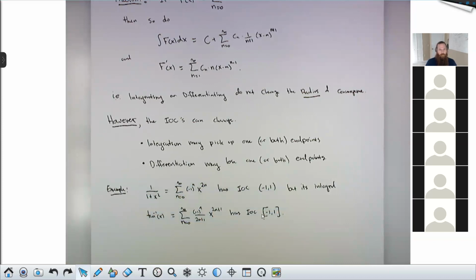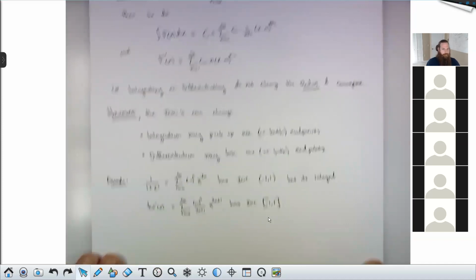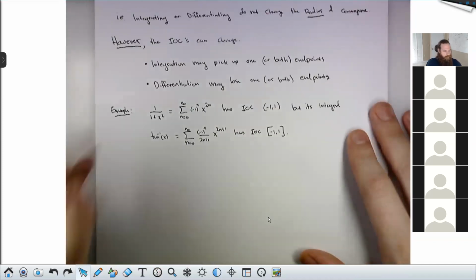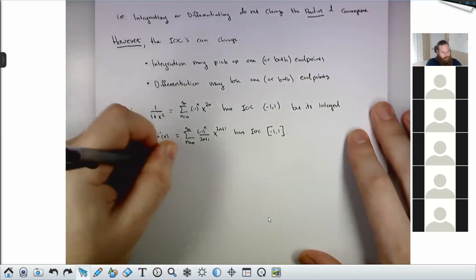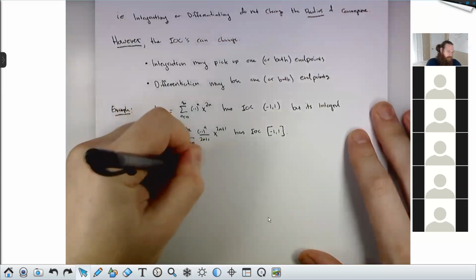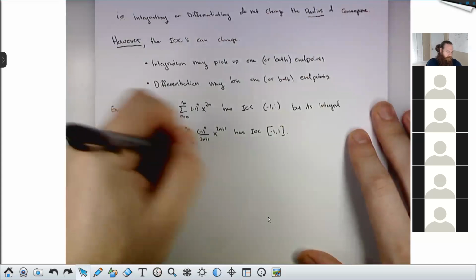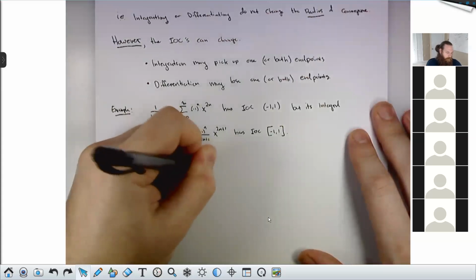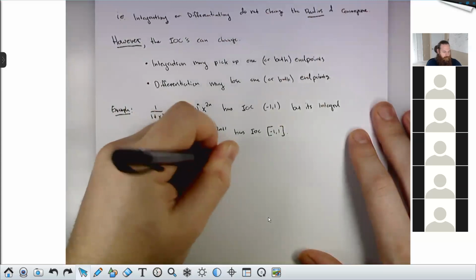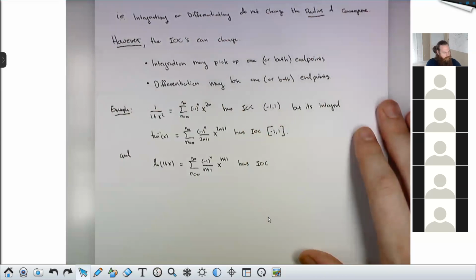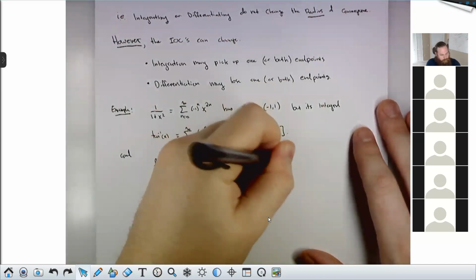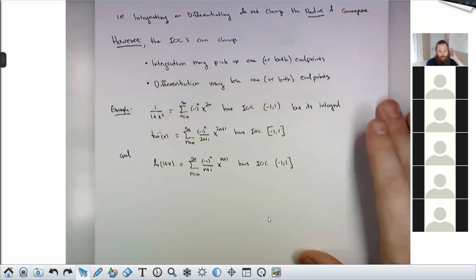You can also think about this in terms of the log series. ln of 1 plus x, which we said has power series sigma n from 0 to infinity, (-1) to the n over n plus 1 times x to the n plus 1, has IOC, and I have to be careful here: if I plug in 1, it will converge; if I put in -1, it will diverge. It has this as its IOC.